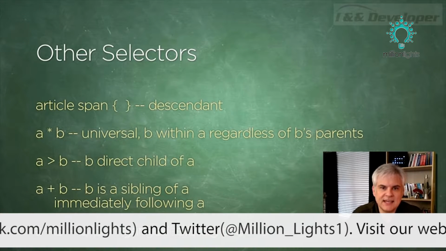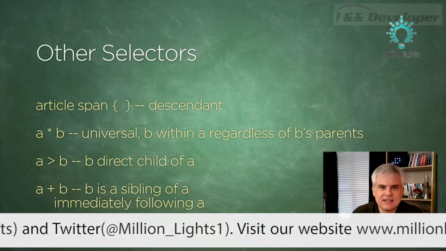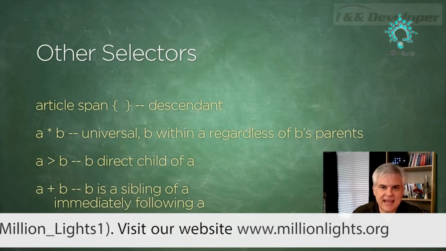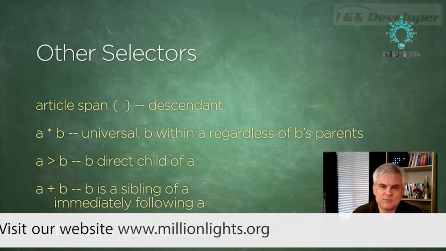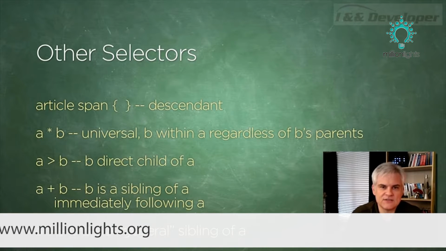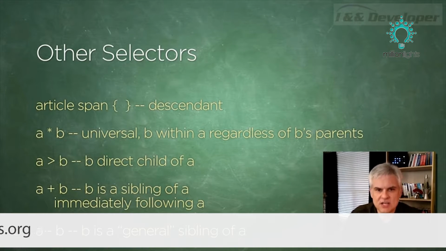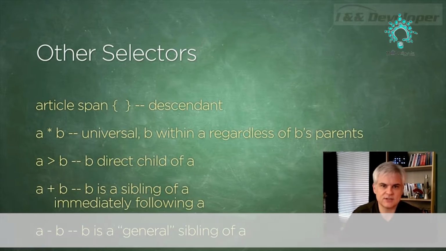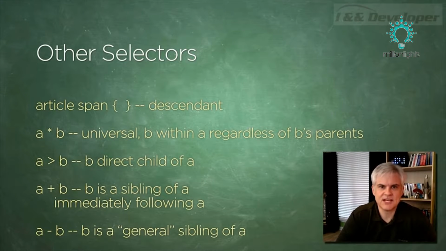So give me any tag within this other tag A, regardless of B's parents. Okay, and then there's the direct child, which you've seen used, where the list item is a direct child of an unordered list. So style up those list items. And there's also adjacent siblings and just siblings in general.